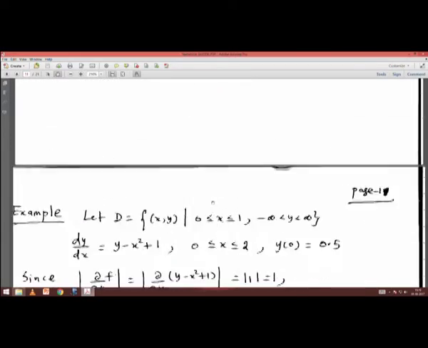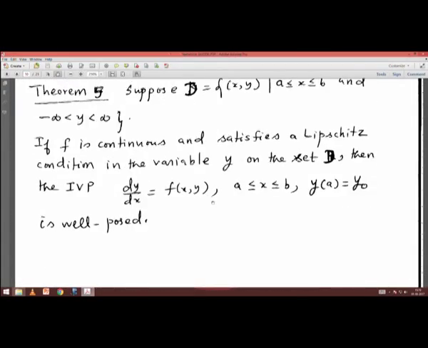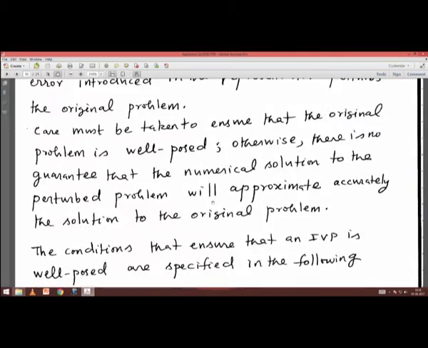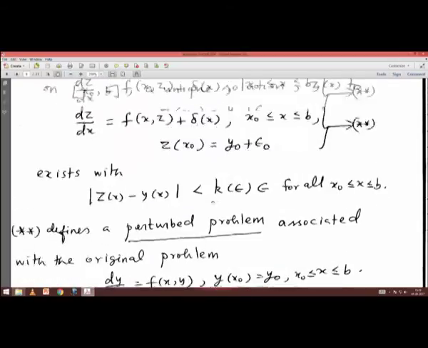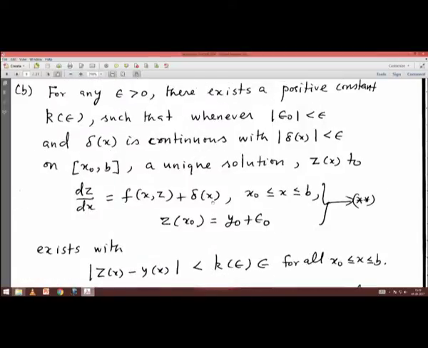Let us look at the second condition that we have given for a problem to be well posed. The second condition says that for any epsilon greater than 0, there exists a positive constant k of epsilon such that whenever mod epsilon naught is less than epsilon and mod delta is less than epsilon, on this interval a unique solution z of x to the perturbed problem exists.